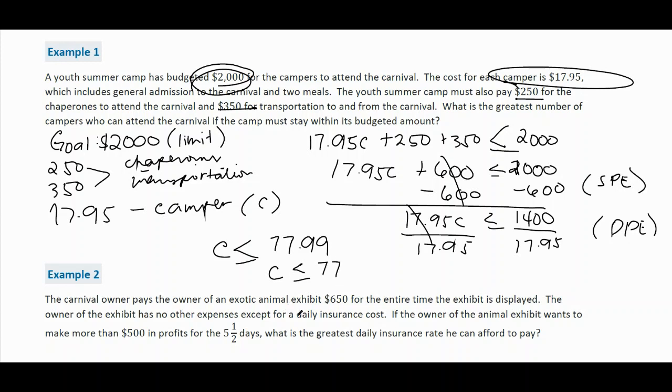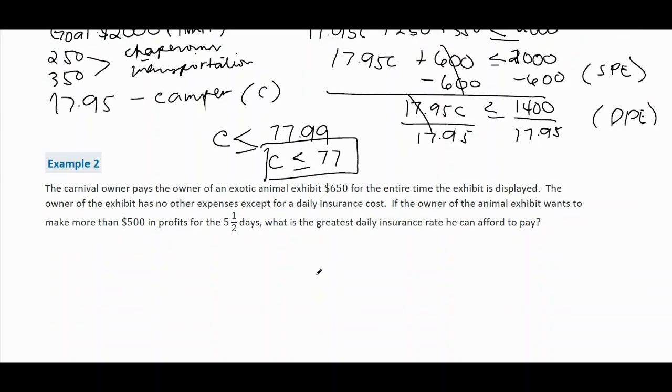Because as they said, I just realized they should stay within the budget. So it should be less than or equal to 77. All right. Because if we're going to round it off, they're going to have 78 people. And of course, doing that, we might have a larger value of spending more than $2,000.